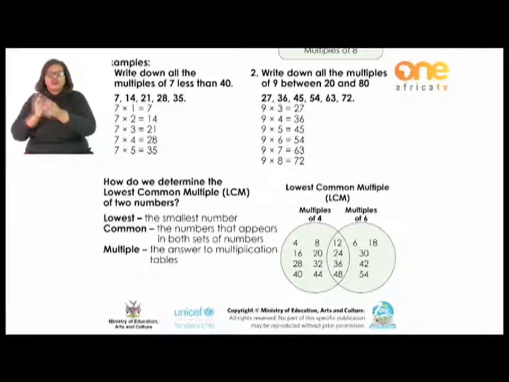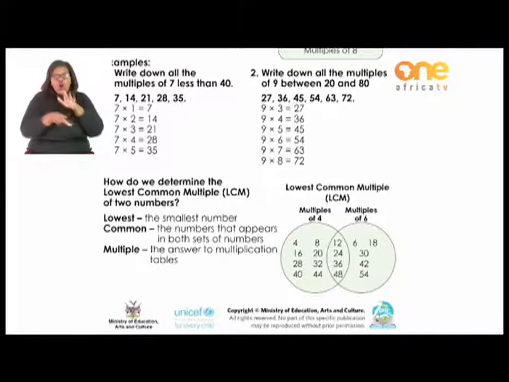And the multiples of 6, which is 6, 12, 18, 24, 30, and it continues. We see the common multiples are 12, 24, 36, and 48. If we have to find the lowest common multiple, the smallest number of the ones that we find in both sets, we will see that 12 is our LCM.